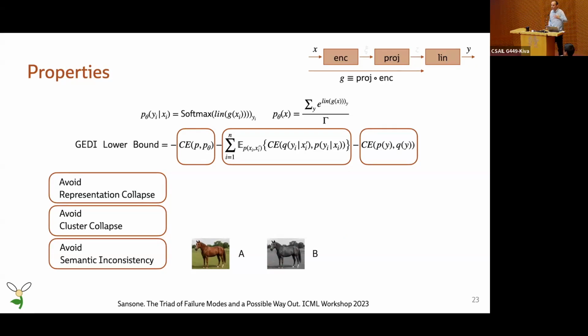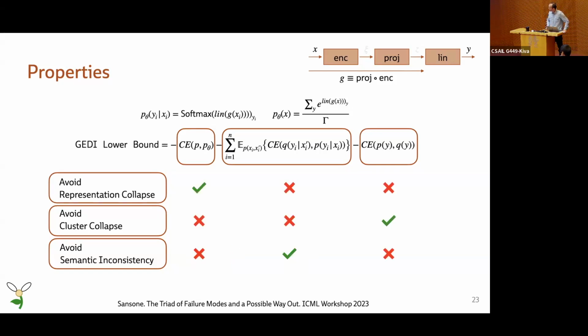If you perform some transformation of your data, for instance you add some noise, it can happen that your neural network switches the output, so it is undecided. What it turns out is that each of these objectives is able to avoid only one of these issues, and so it is really essential that we use all three of them.